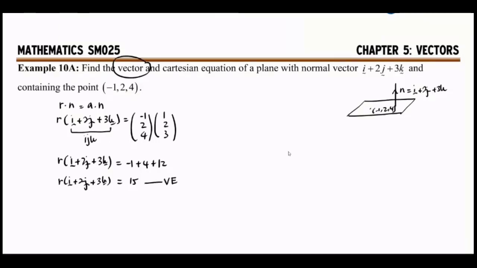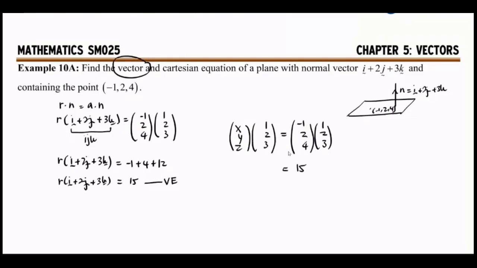Okay, so for the Cartesian equation, we substitute R to be X, Y, Z. So we're going to have 1, 2, 3. Then negative 1, 2, 4, 1, 2, 3. On the right side we have the same, we just reuse 15.